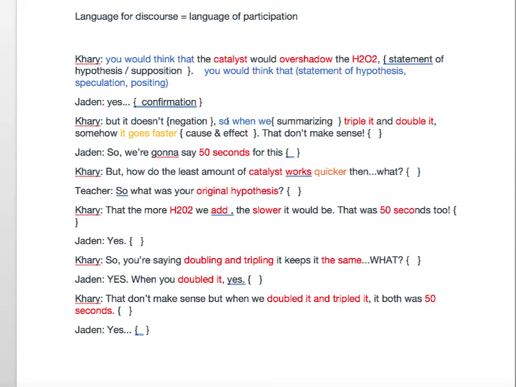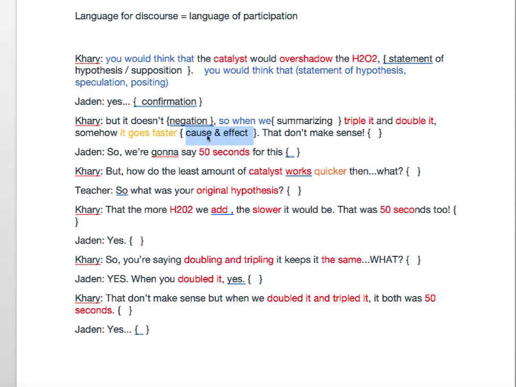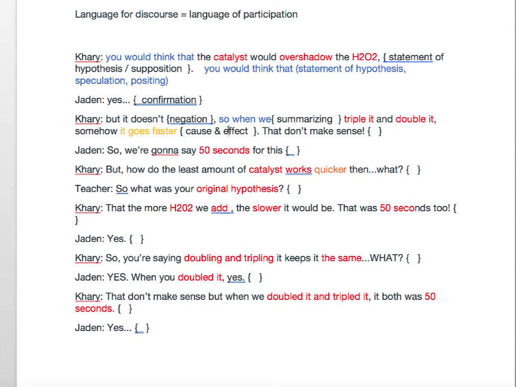So when we X, Y happened. The way we set up the grammar of the sentence is one of the ways we express cause and effect. And a phrase like "somehow" is a way of indicating that the speaker has a lack of explanation.